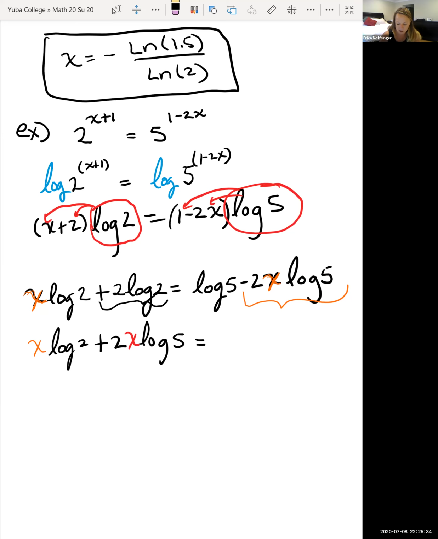So if we subtract 2 log of 2 on both sides, our other hand side would be log of 5 minus 2 log of 2.